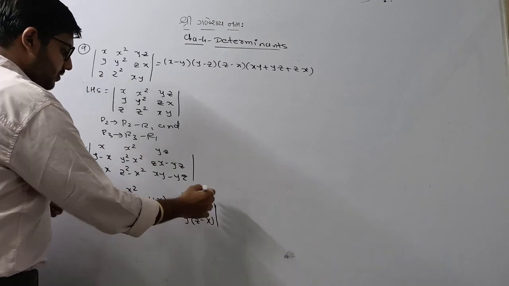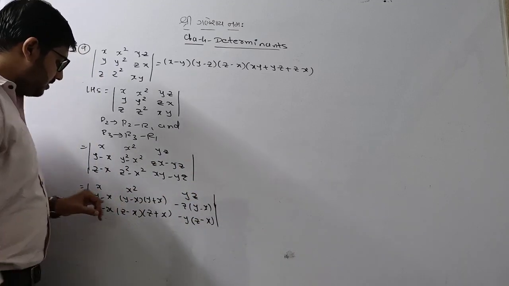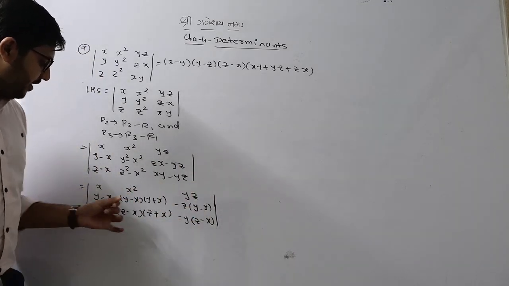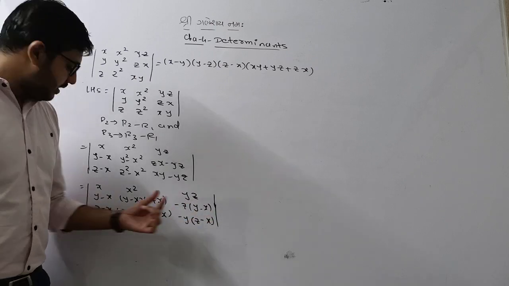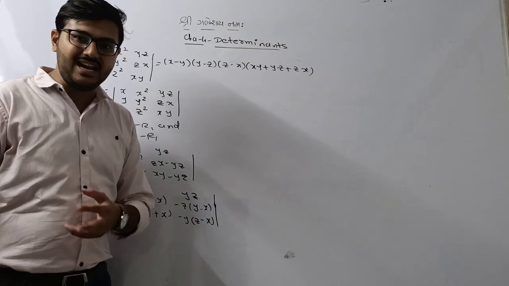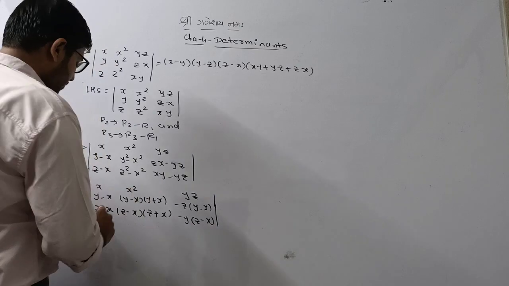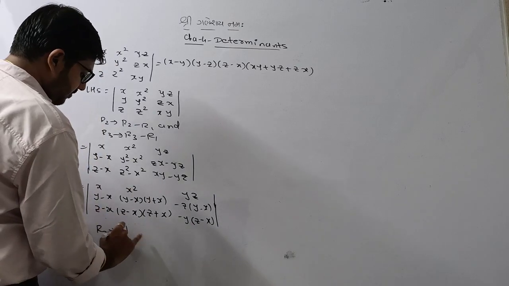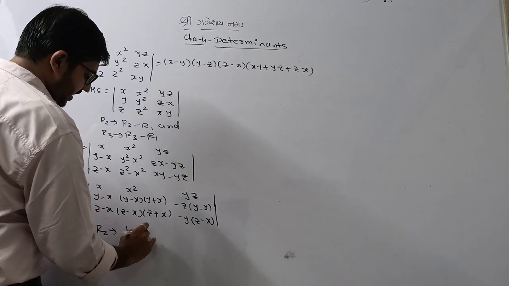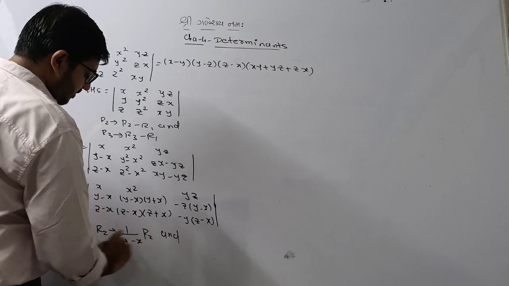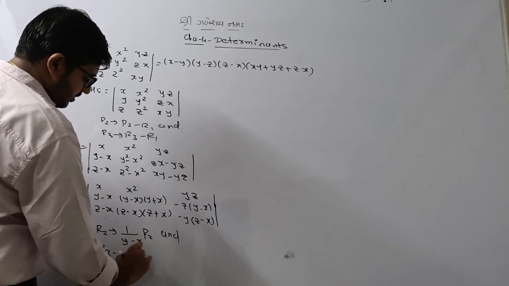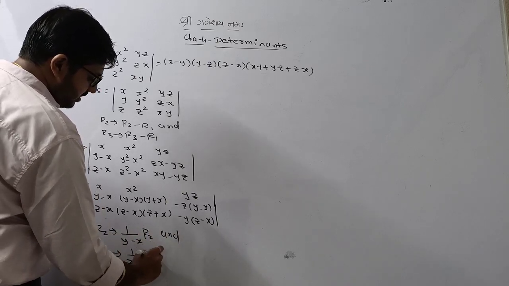Now as you observe that in the second row we have y minus x common, and in the third row we have z minus x common. So what we'll do, we'll divide with y minus x in the second row, and we'll divide with z minus x in the third row.